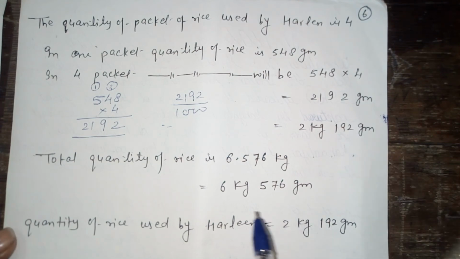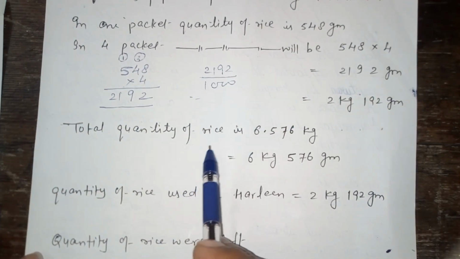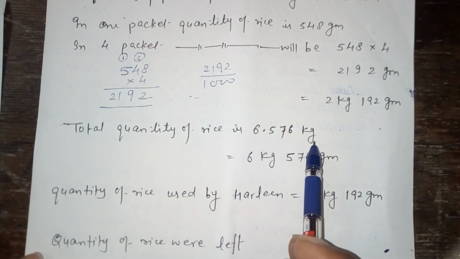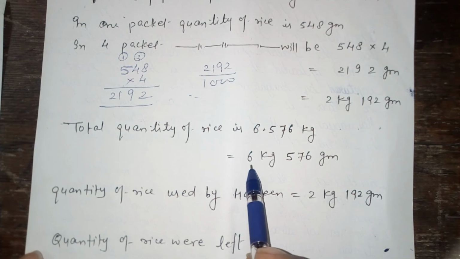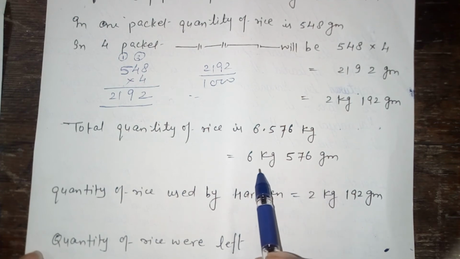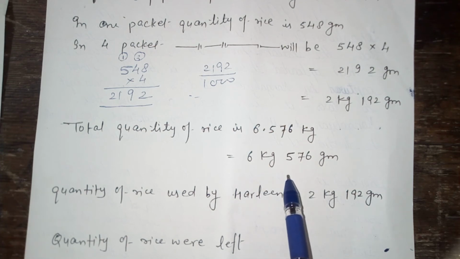Okay, and the total quantity of rice is 6.576 kg or 6 kilogram 576 gram. This is the total quantity of rice.